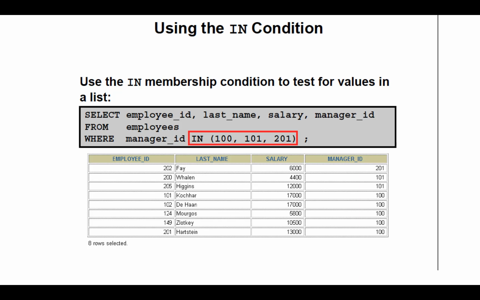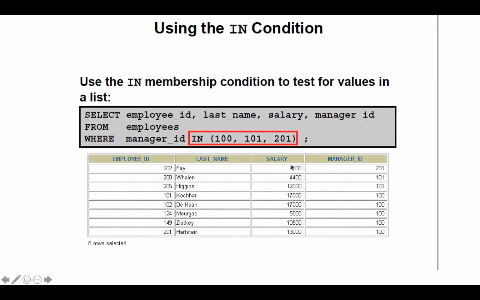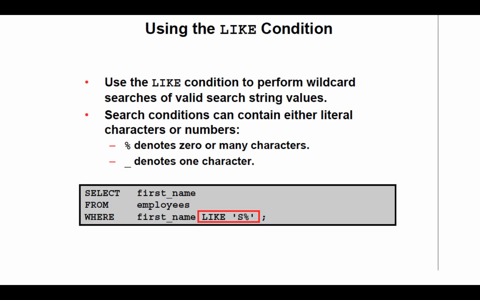We're looking at the manager ID, and the manager ID was one of these three. The output table actually has 4 fields based on the select statement. You should all be very comfortable with these examples, or else you have to study more, because this should be trivial for you at this point.